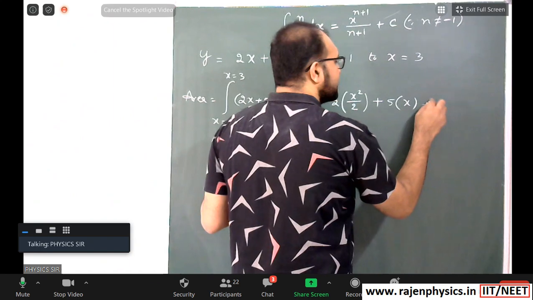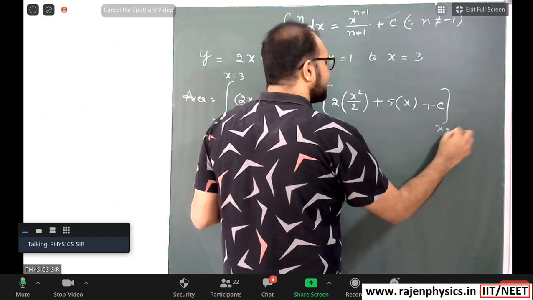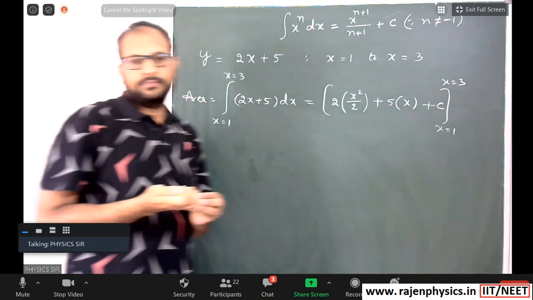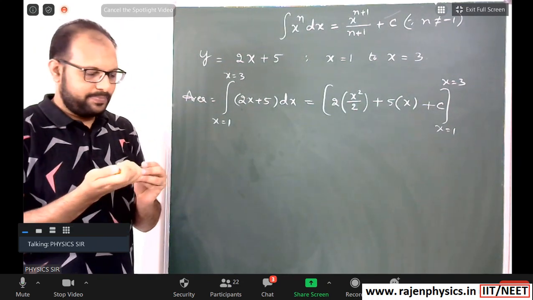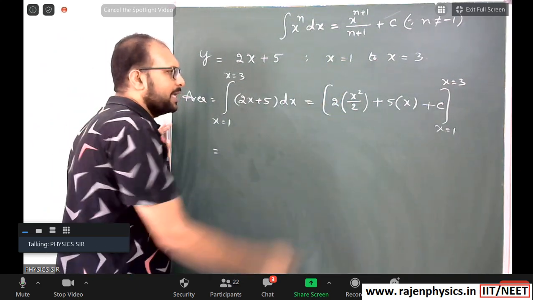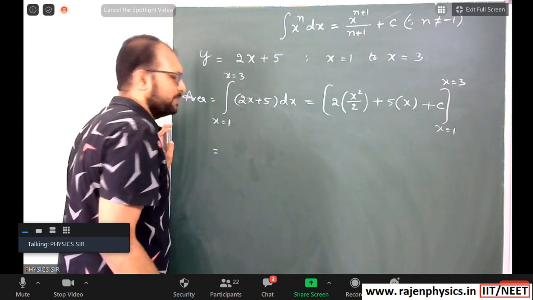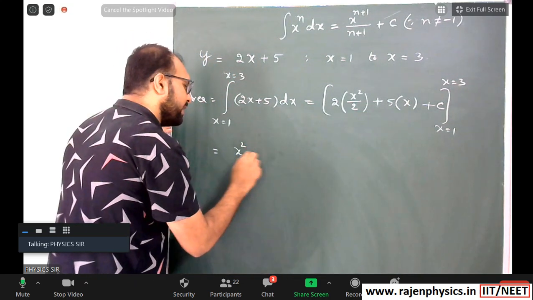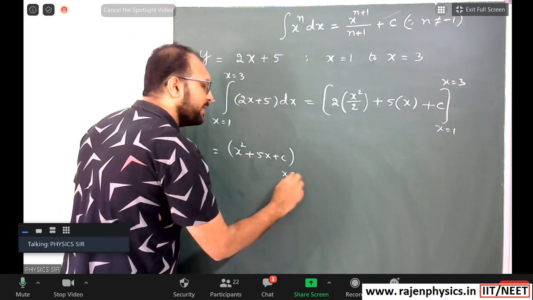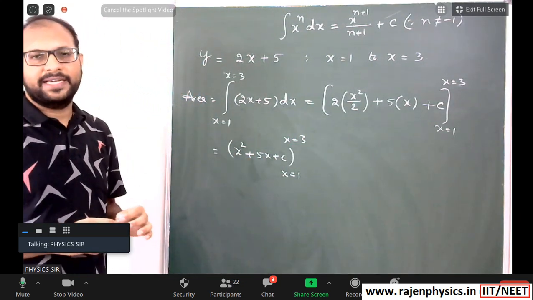Now plus constant c, with lower limit x equal to 1 and upper limit x equal to 3, because the constant c is also there. The 2 cancels, so this is x square plus 5x plus c, lower limit 1, upper limit 3. Up to here there is no doubt, because it is just an indefinite integration.